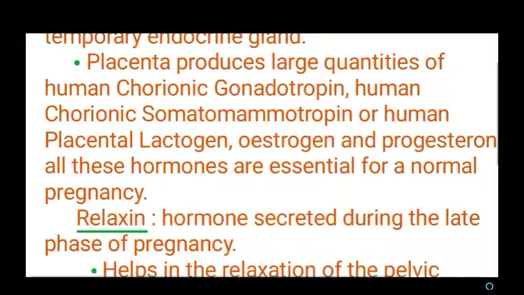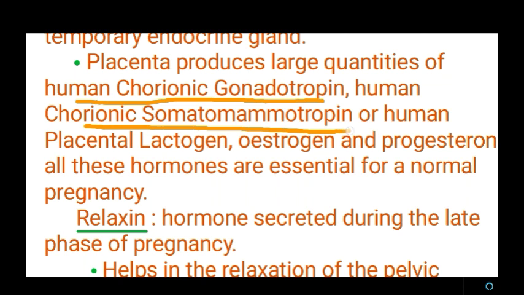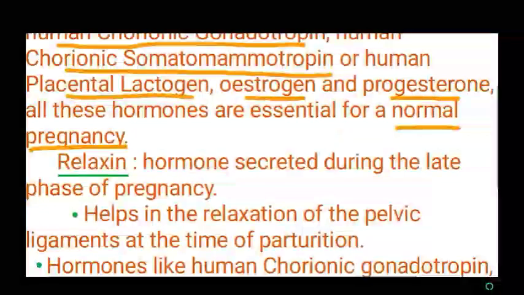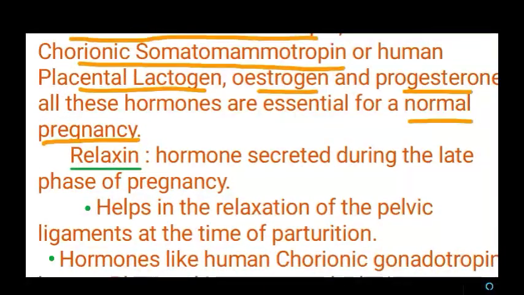At the time of pregnancy, it produces large amounts of hormones: human chorionic gonadotrophin, human chorionic somatomammotrophin, whose other name is human placental lactogen, estrogen and progesterone. These hormones are essential for normal pregnancy, that means for the normal development of the fetus.